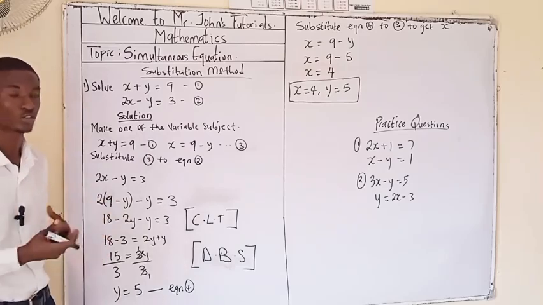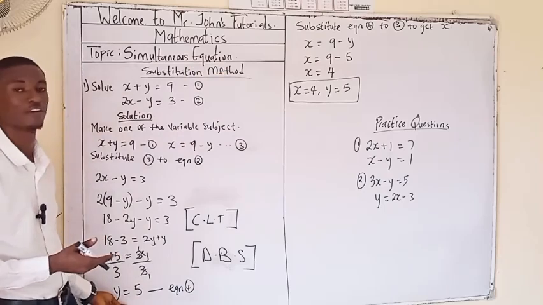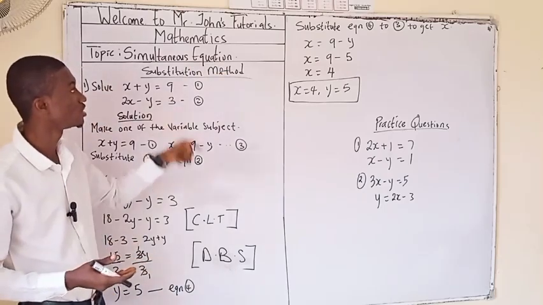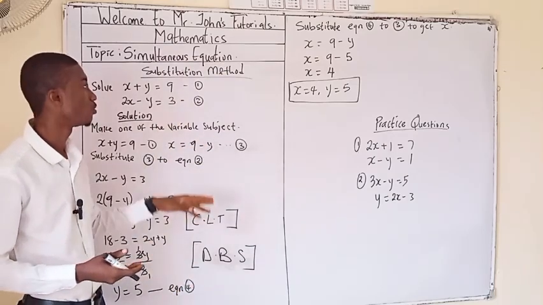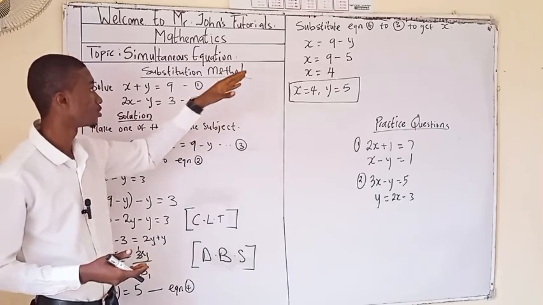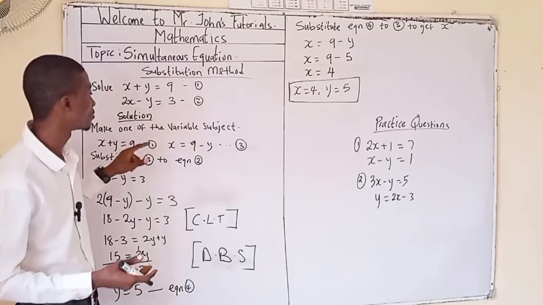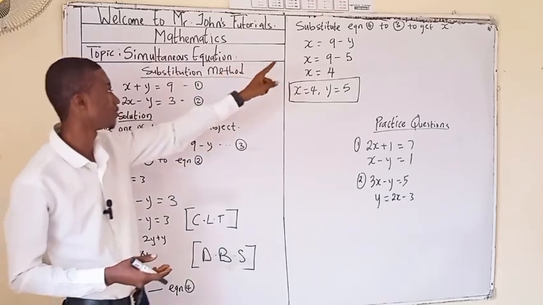So for us to find the solution for x, we are going to substitute this equation 4, which we have as y equal to 5, into equation 3 to get the value for x. And so when we substitute it into equation 3, our equation 3 is x equal to 9 minus y. So x equal to 9 minus y.